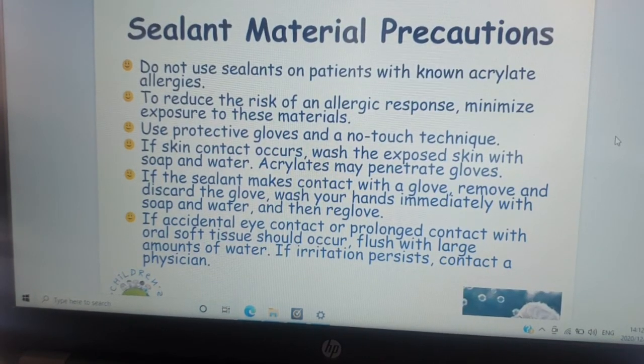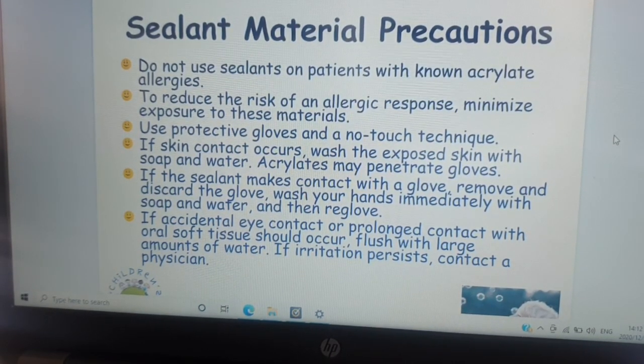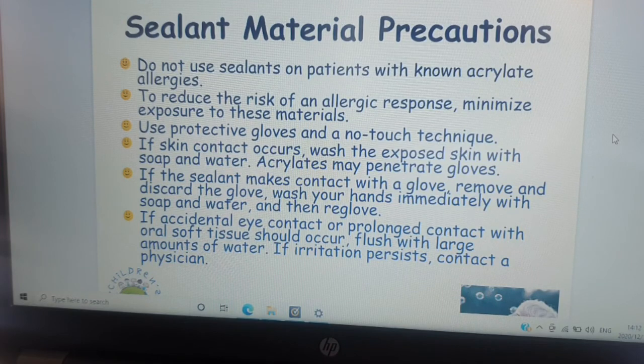Okay, and then in terms of precautionary measures associated with sealant materials, you do find instances where patients come with acrylate allergies, or even you find practitioners with acrylate allergies. They are in the wrong profession, but that's neither here nor there.